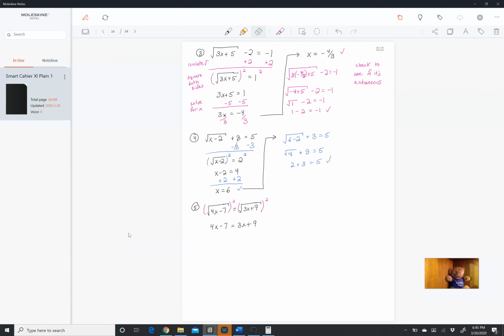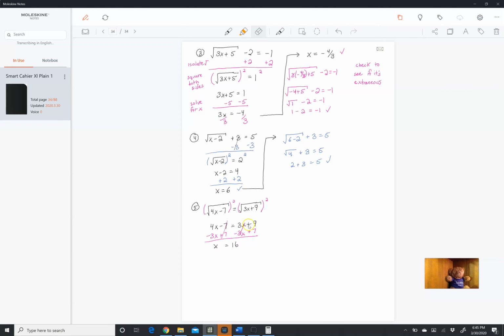So that means that we're going to subtract 3x from both sides, and it's going to cancel on this side, and we're going to add 7 to both sides, and the 7s are going to cancel on that side. So 4x minus 3x is just x, and 9 plus 7 is 16.